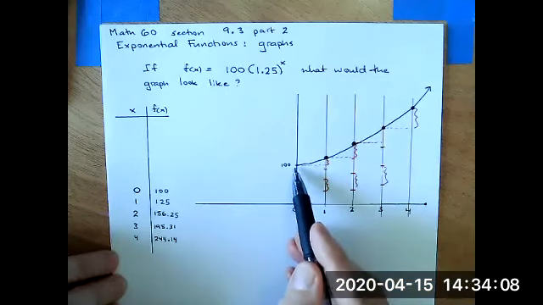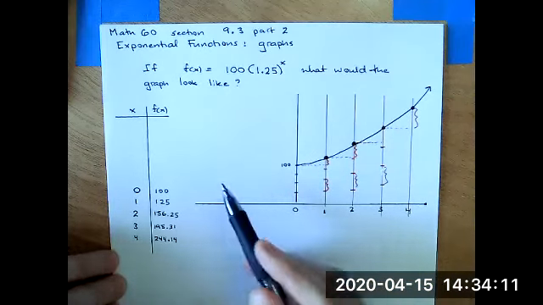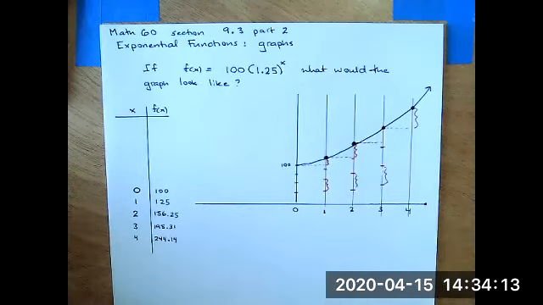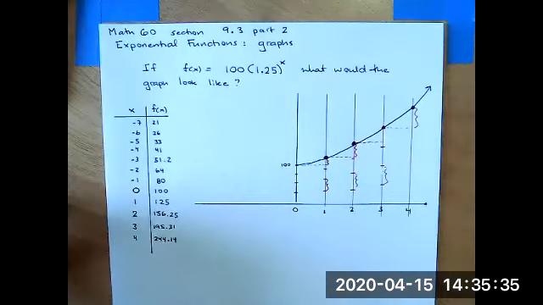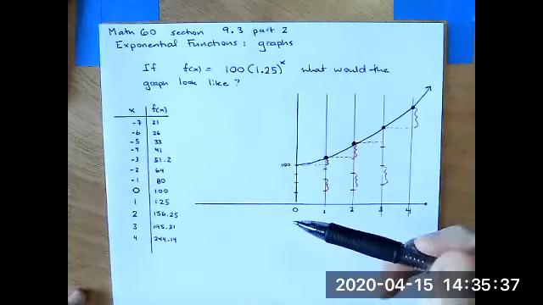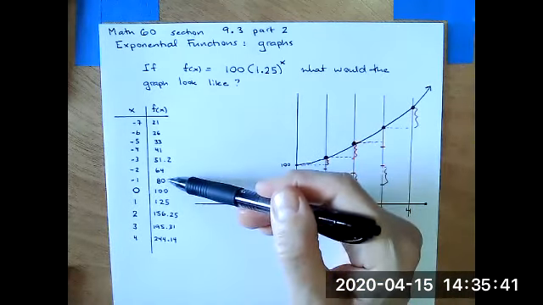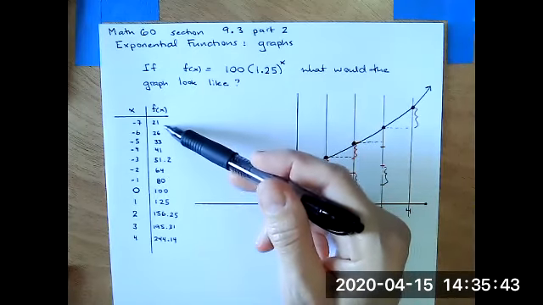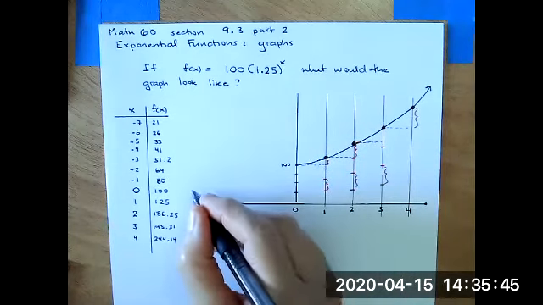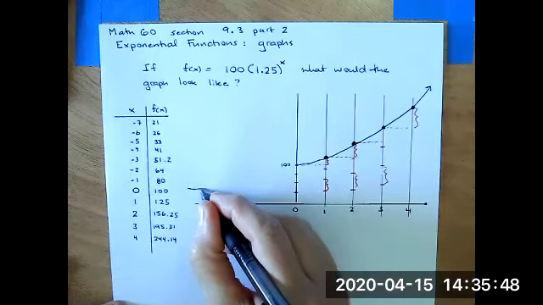What happens when x is negative? When x is negative, the y value gets smaller and smaller. It gets closer and closer to 0.